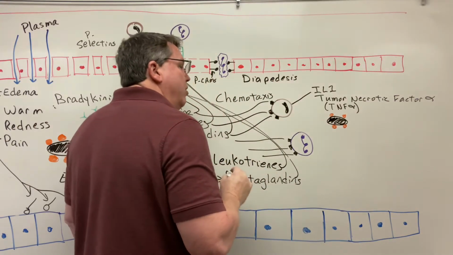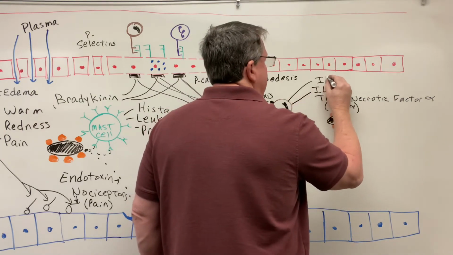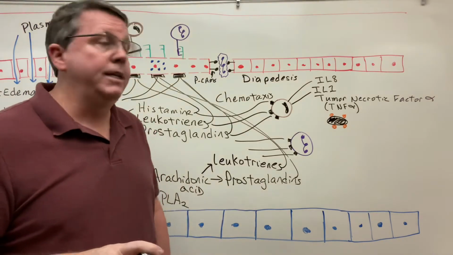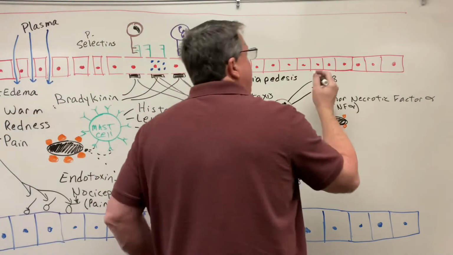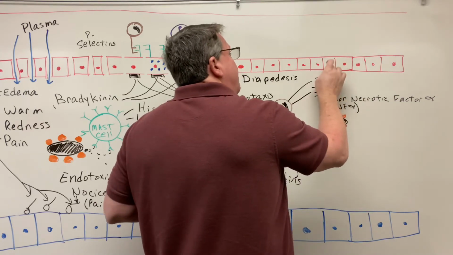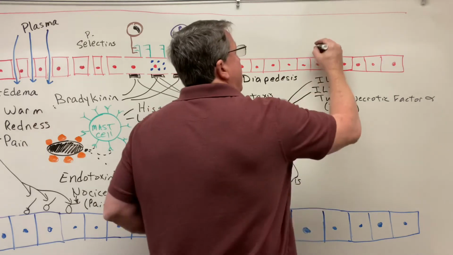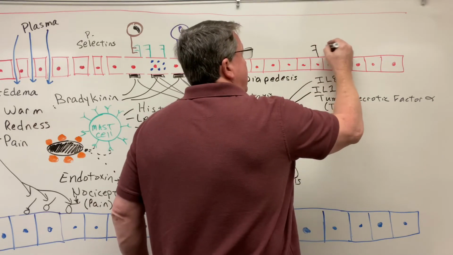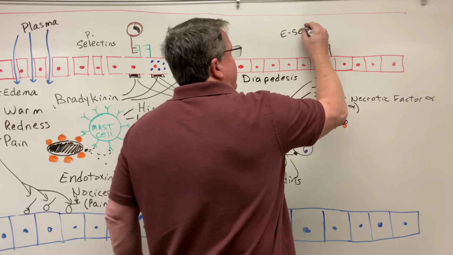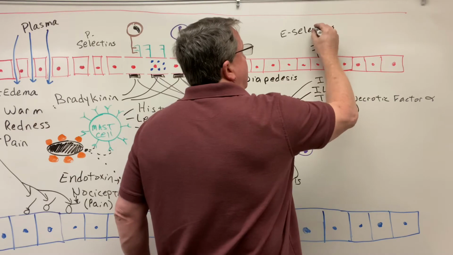Okay, it's also going to secrete something called interleukin 8. Now, what's going to happen is interleukin 8 is now going to go and bond, or it's going to stimulate these cells also, and we're going to get more proteins, more selectins, but these are going to be called E-selectins. Okay, those are called E-selectins.